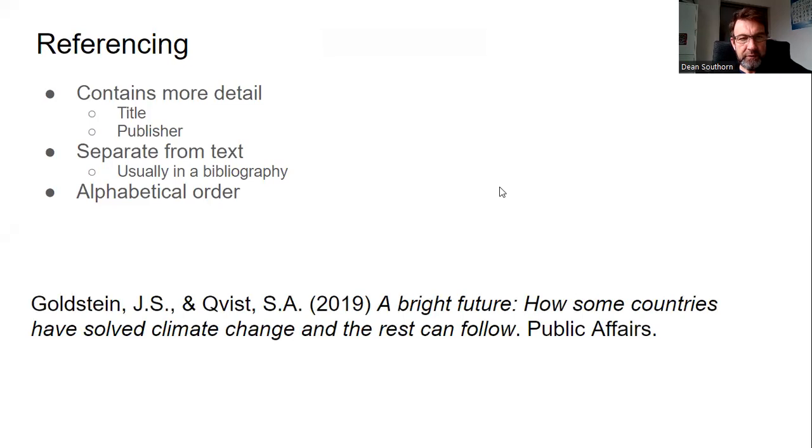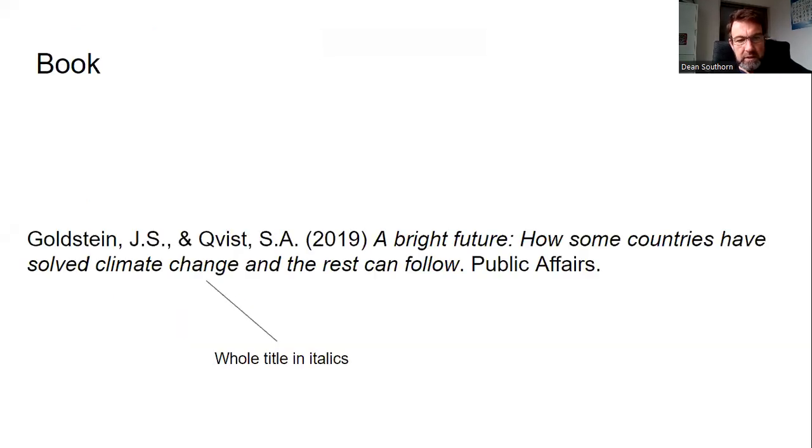Okay, so this is for a book, remember? So we have the whole title, and that title is in italics, so it's leaning. So there we have the title, A Bright Future: How Some Countries Have Solved Climate Change and the Rest Can Follow.